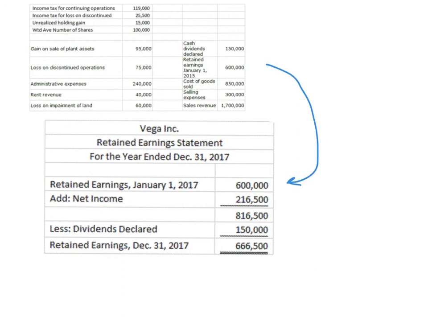We were told that there was going to be a dividend, and they were declared. We used the accrual idea that we've already declared them, so we're obligated to pay them, of $150,000. That leaves ending retained earnings at $666,500, and that's the illustration of your comprehensive income problem.